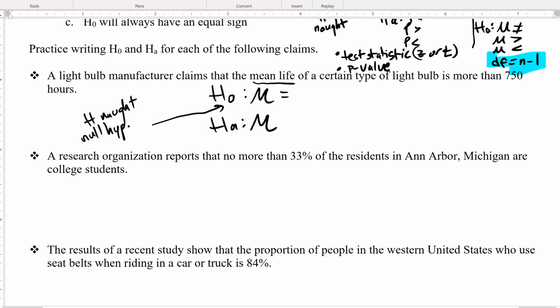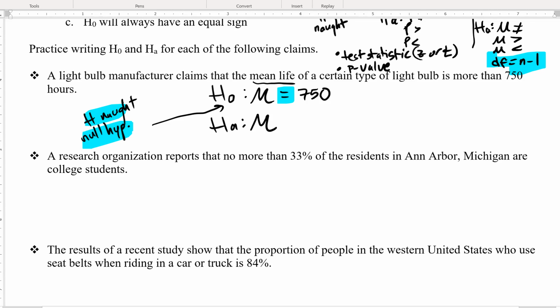To have not, the word not here is kind of an old English word, but to have not means to have nothing. Okay, you would have seen that more in Shakespearean. They would use not. Okay, so we assume nothing in the null hypothesis. It will always be equal. We assume that the claim is true. We assume not. Okay, so the claim in the situation is 750 hours. The null hypothesis will always be equal to.